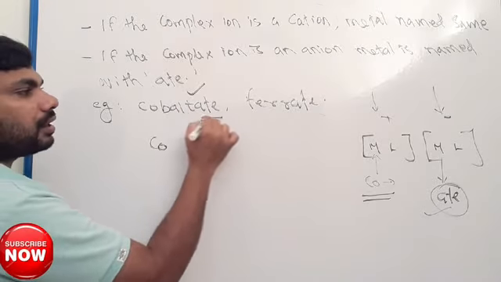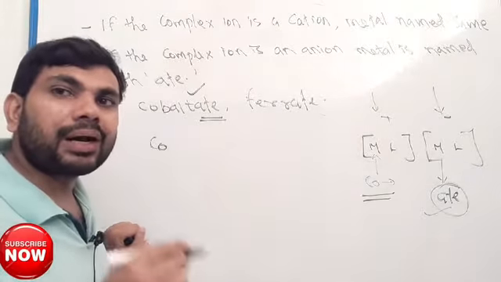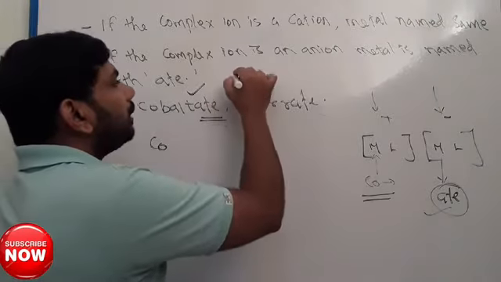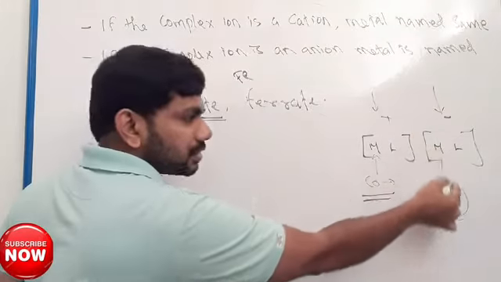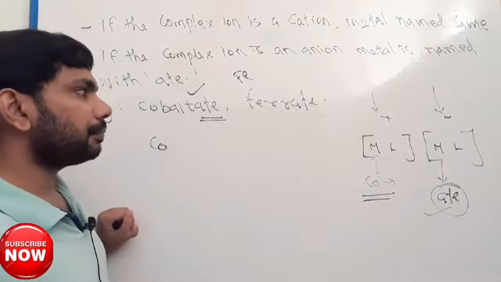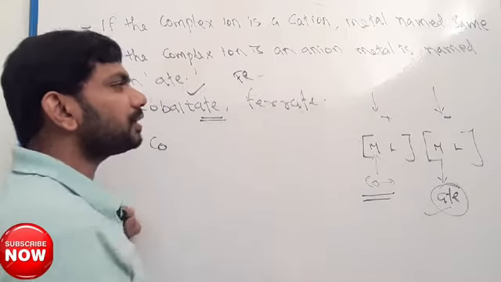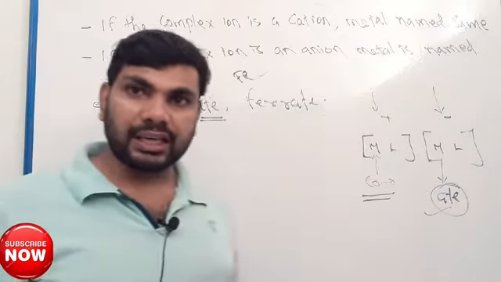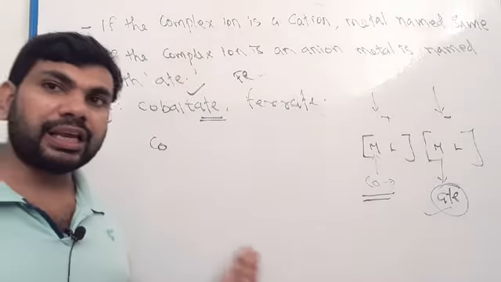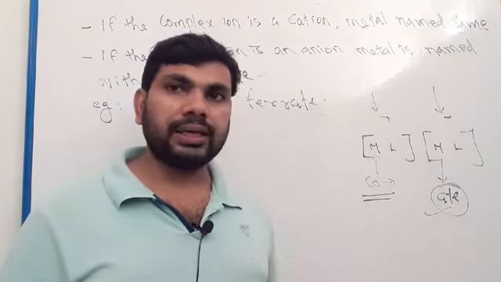After cobalt, it ends with -ate, cobaltate. And here you have iron. Iron, we know it is ferrum. So the name of this metal ends with ferrate. Ferrate, cobaltate, nickelate, platinate. It ends with -ate.